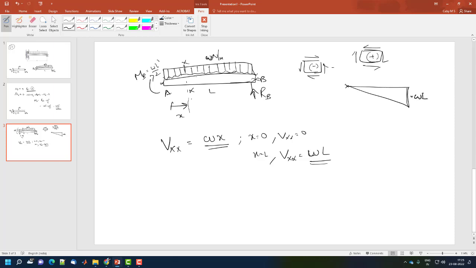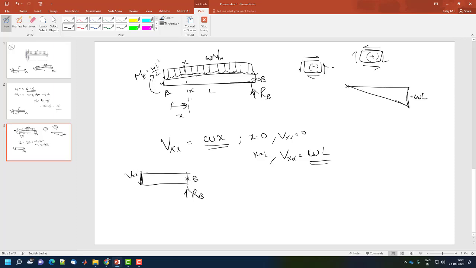Then the forces acting in the downward direction are positive, becoming 0. I hope that is clear to you. Even if you take the section from this side, the effective shear force Vxx acts in this direction, and this is point B and this is RB.